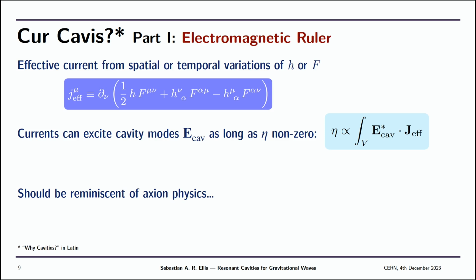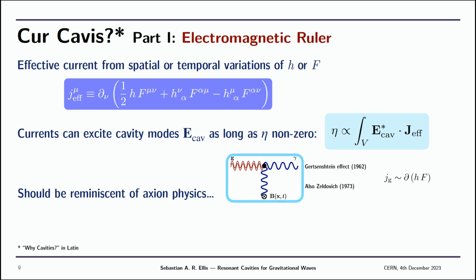This is something that ADMX, for example, calculates, or HAYSTAC, or any number of these axion cavity experiments.